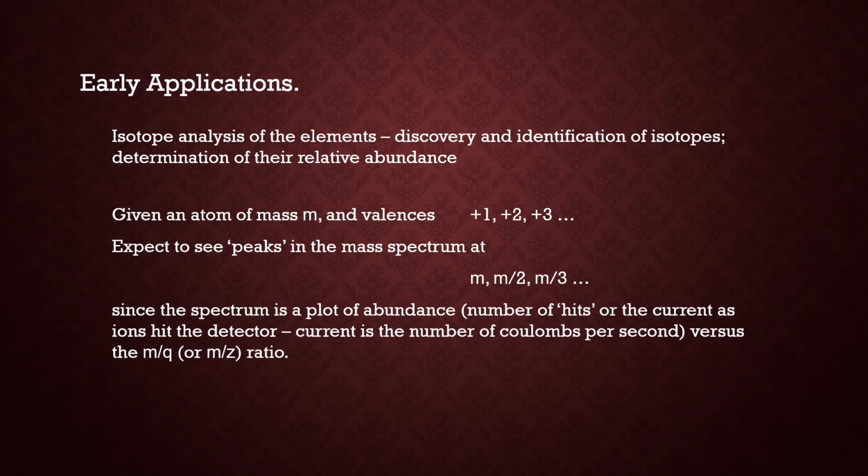So mass spectrometers were originally used to discover isotopes and to precisely determine the masses of atoms.